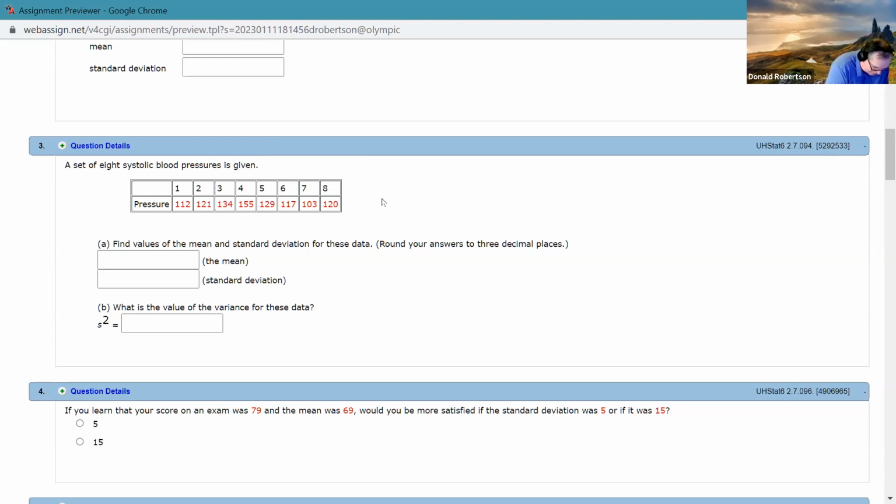And we're being asked to find three things. The mean, we've already talked about. The standard deviation, again, we've talked a little bit about that. And a new guy called variance, and that's the guy that I want to kind of dwell on.